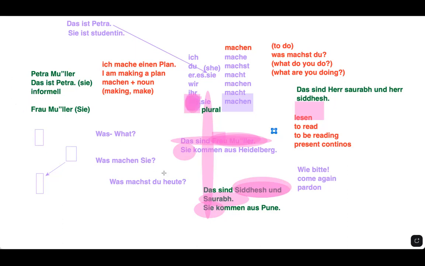Now basically two people are also plural, so it doesn't matter. You can talk to them like this, and it will be the same. First of all, check the context and see the verb conjugation. If you see a single name, that is Petra, then straight away this is informal third person.